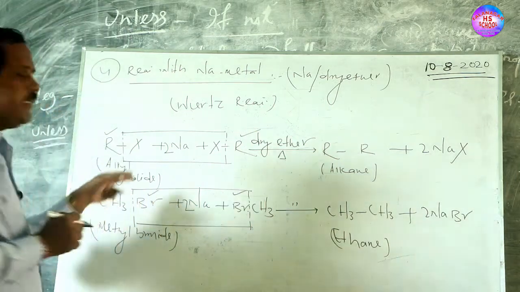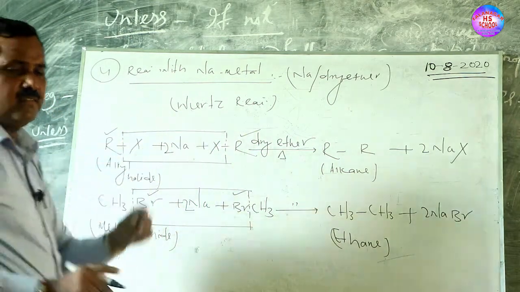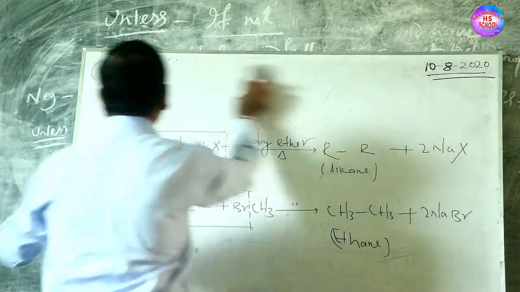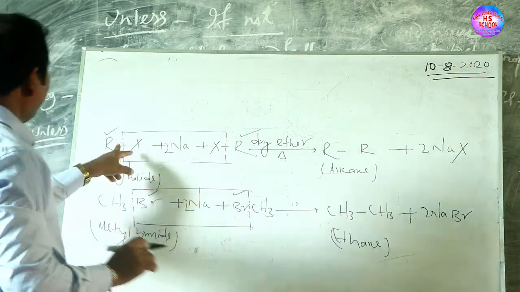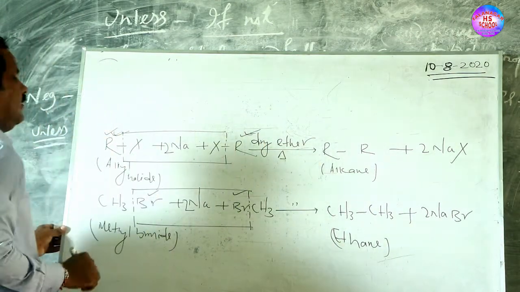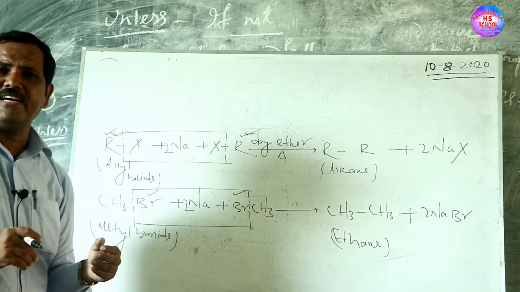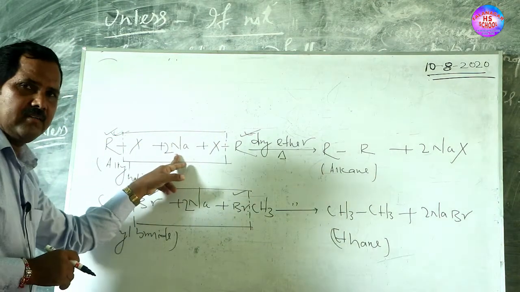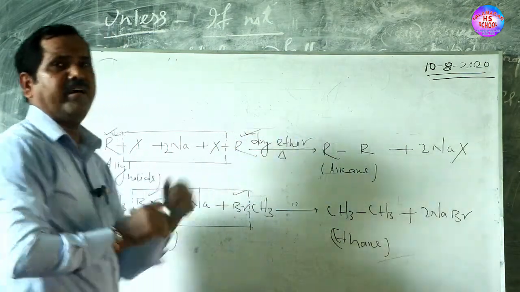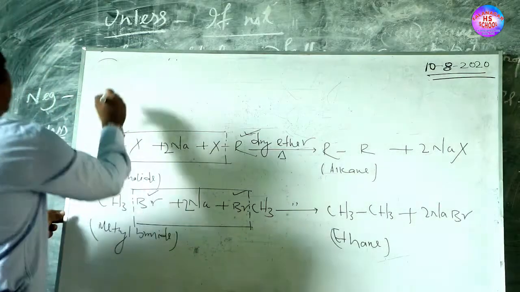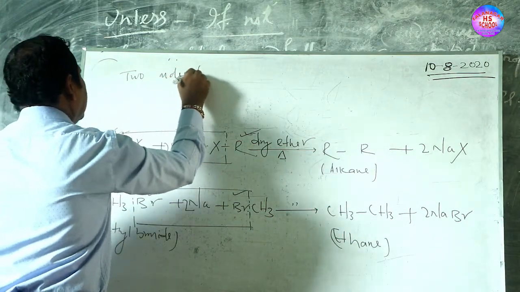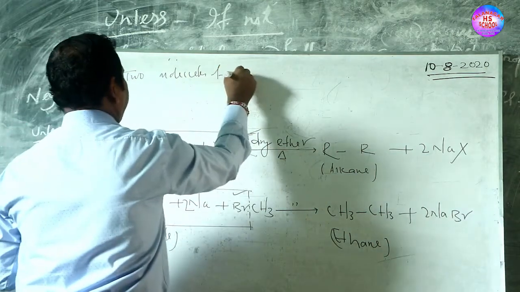So in this reaction, let me write the statement of Wurtz's reaction. Two molecules of alkyl halides react with sodium metal in presence of dry ether to form an alkane.